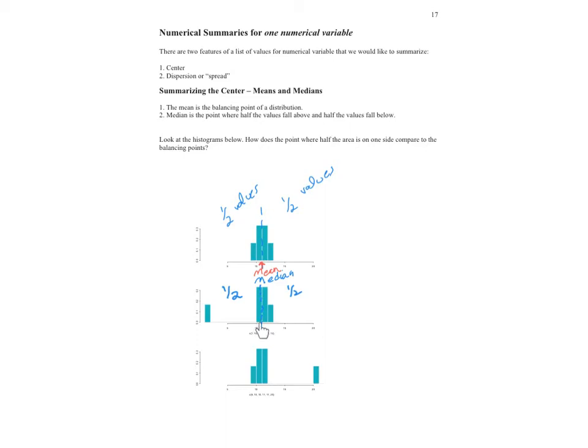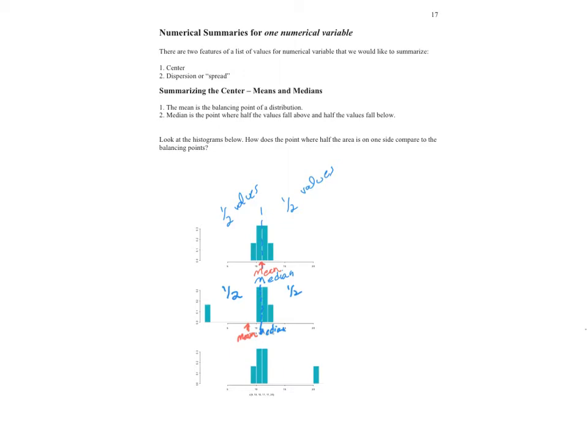So to balance it, you'd have to move your fulcrum over here somewhere. So the mean is maybe around here, and it is less than the median, which was in the same place.